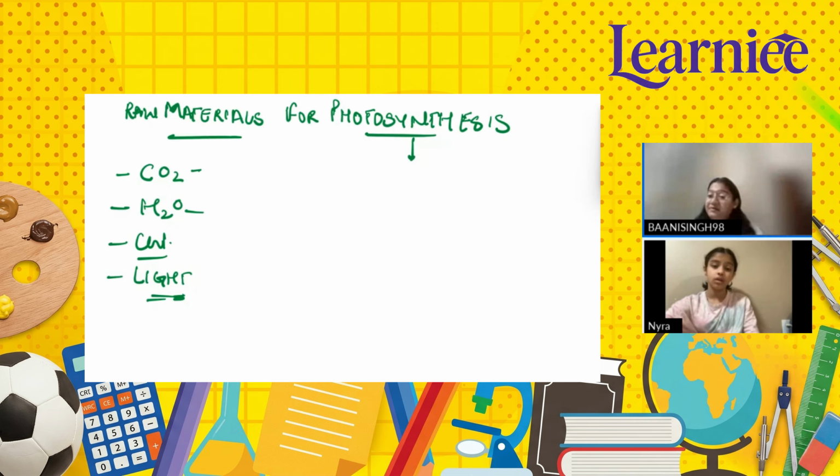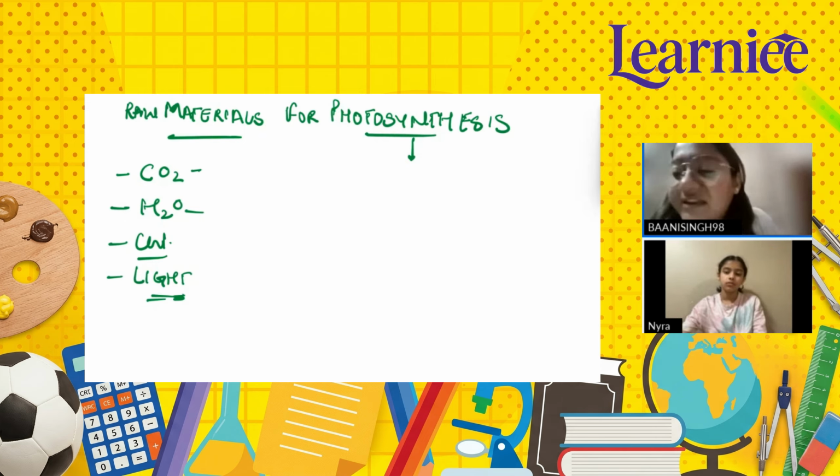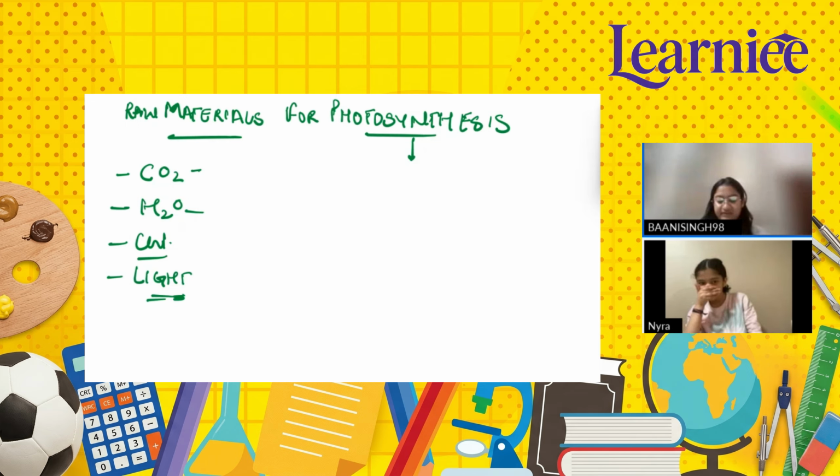It can, but there will be a lot of difference in the growth of the plant, and it's going to take a long, long time. The power of sunlight and the power of artificial light are definitely going to be different. Yes. Okay.